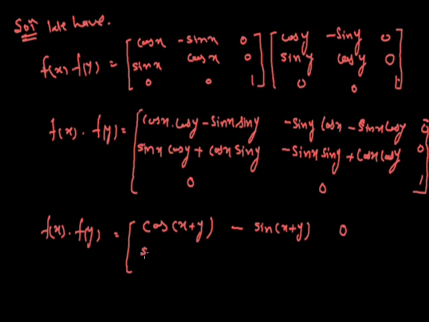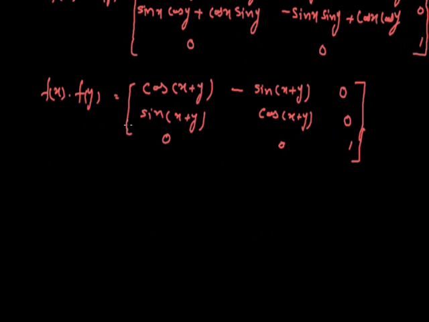Now it is sin of x plus y, cos of x plus y, 0, 0, 0, 1. Now f of x into f of y equal to f of x plus y.